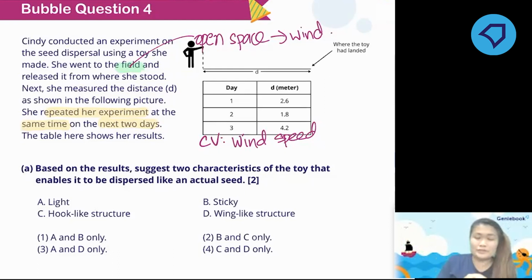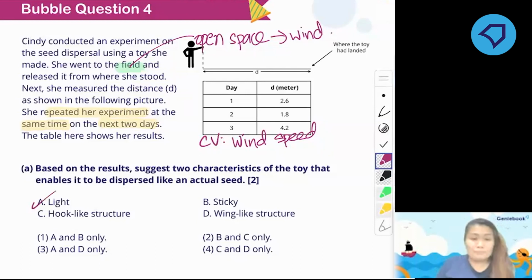Apparently this toy is trying to mimic a fruit. How is it able to be traveled or dispersed by wind? It must have the characteristics that help it to be dispersed by wind.